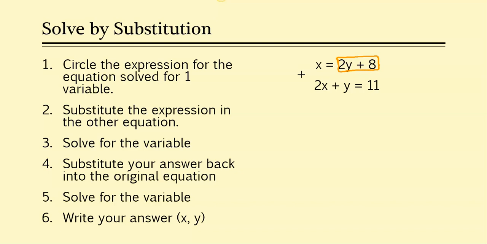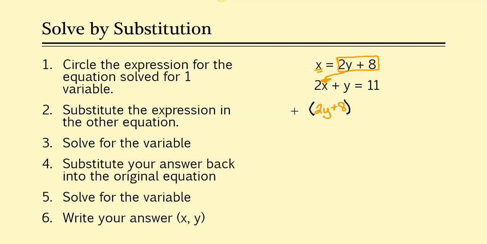All right, now step 2 then, I have to do the substitution. I pay attention to the fact that this is x, which means this is going to go in the place of x. What makes this one a little different is that there's a coefficient of 2 times this x. So I'm going to write the 2y plus 8, but I've also got to note that it's not just x is the 2y plus 8 when I substitute, I've got to multiply that entire expression by 2.